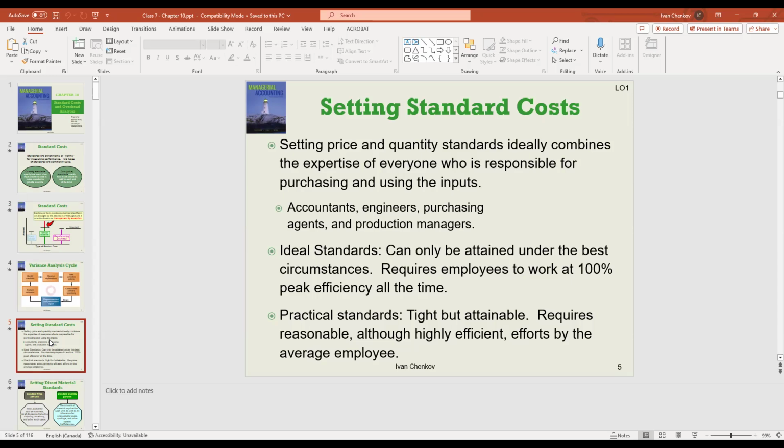Under those circumstances, which are perfect circumstances, we're assuming the employee is working at 100% efficiency all the time. Now the question is, is that possible? How many of you are working?